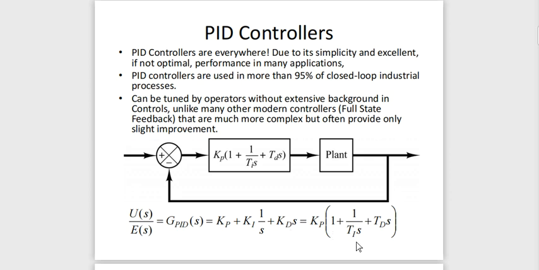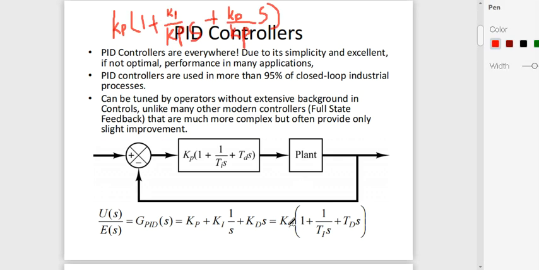The general transfer function is Kp plus Ki by s plus Kd into s. Taking Kp common from the whole equation, it becomes Kp into 1 plus Ki by Kp into 1 by s plus Kd by Kp into s.